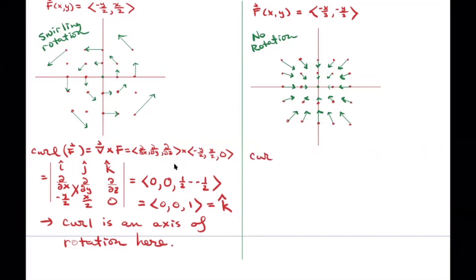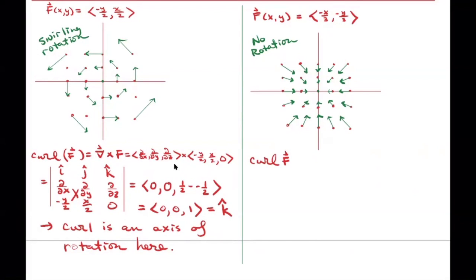Curl of this second vector field, also called F, is del cross F. And it's going to be similar to this one over here on the left. Obviously, I'll be switching things around a little bit. So I'm just cheating a little. Let me zoom in on that so you can see it.